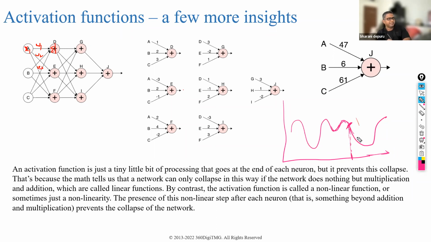But if you use linear activation functions, then since the neural network only uses multiplications and additions, your network will collapse. Hence, when it comes to activation functions, we need to use non-linear functions.